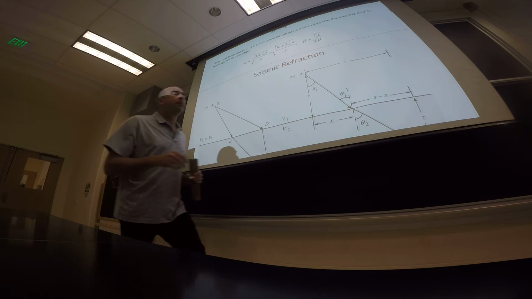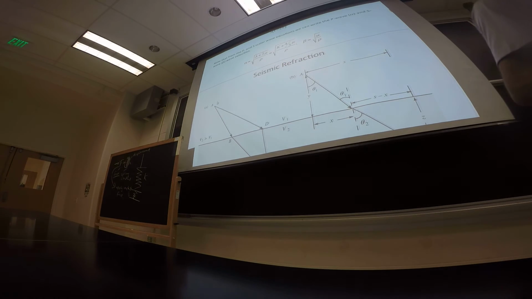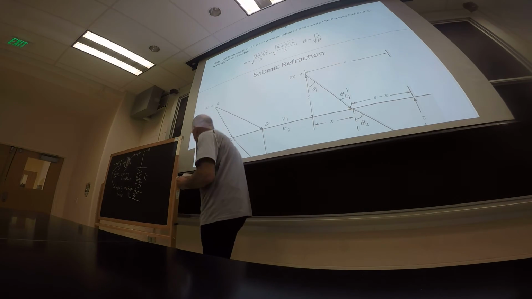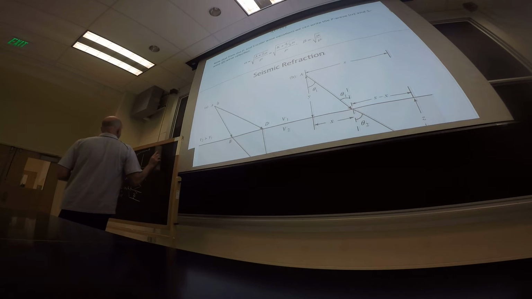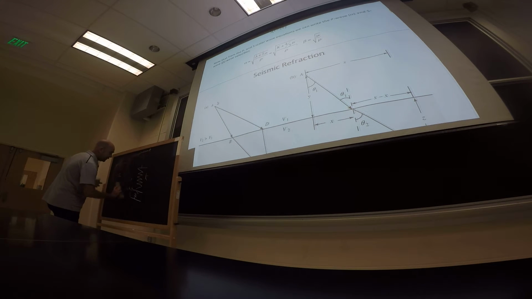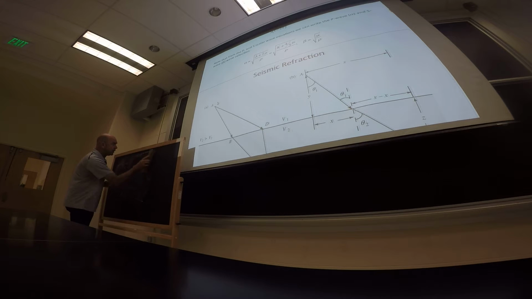By the way, in ocean bottom sediments, in areas around the bay, there are transition zones. So you might have water, and then you get some kind of, not quite suspension zone, but a very, very low shear velocity, less than maybe 50 meters per second.